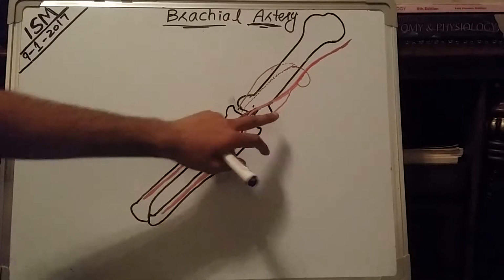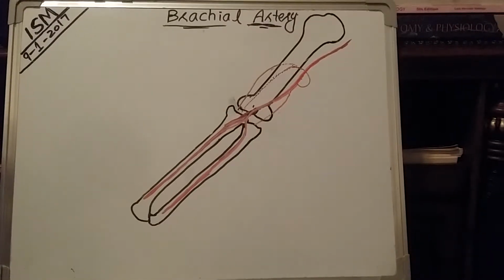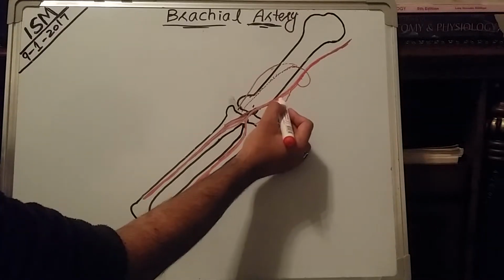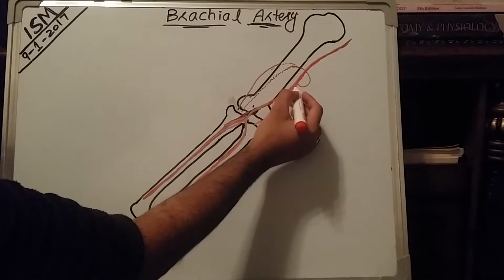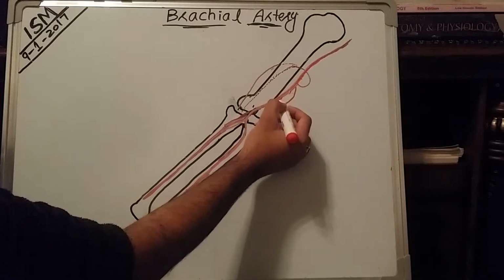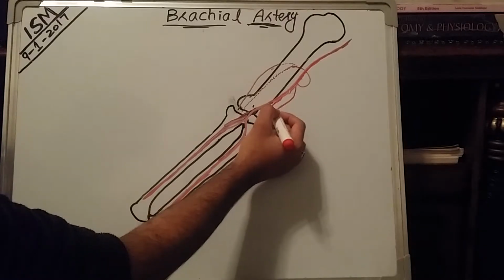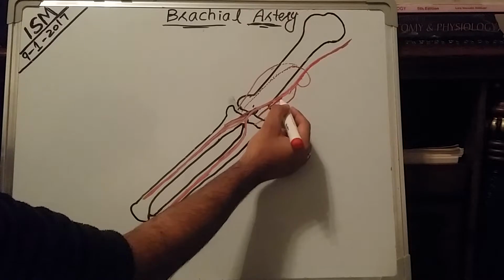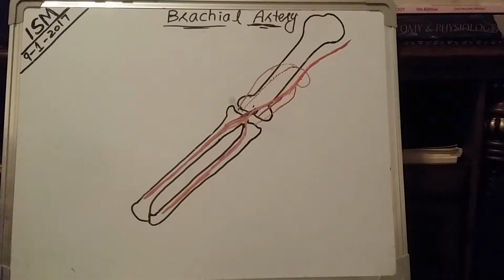This is the superior ulnar collateral artery. The other artery which originated from the lower portion of the brachial artery comes here. This is called the inferior ulnar collateral artery.